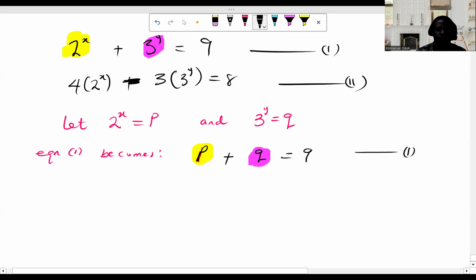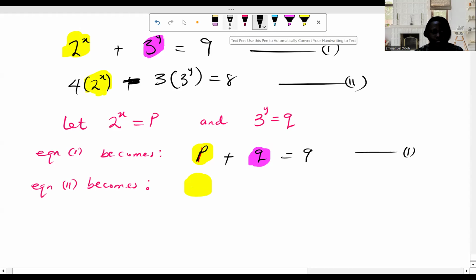Then equation 2 becomes, so let's go to equation 2. Remember here we have 2 to the power of x, but there's a 4 before it, right? The 4 is what is outside the highlighter.